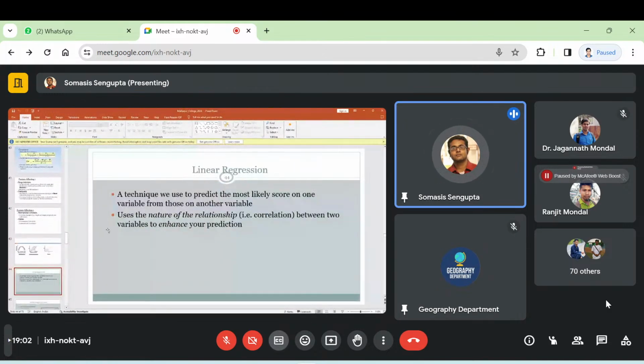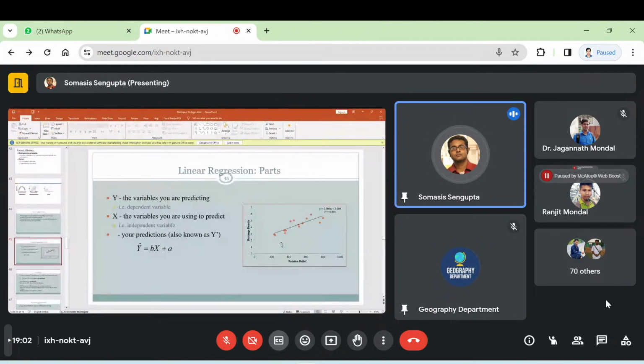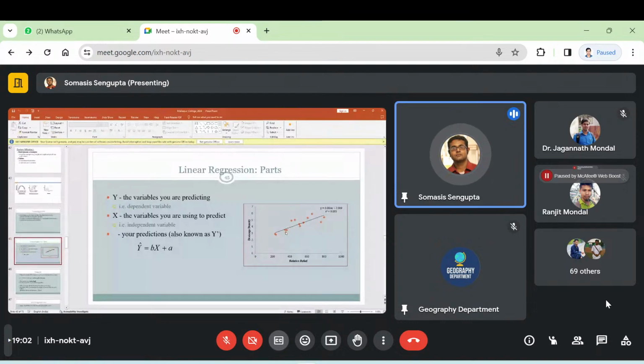So the next aspect is linear regression. When I use linear regression, I basically find out the nature of relationship, and it helps us in prediction. Suppose I take the same diagram, relative relief and drainage density. Here these are the scatter plots, and I have fitted a straight line.